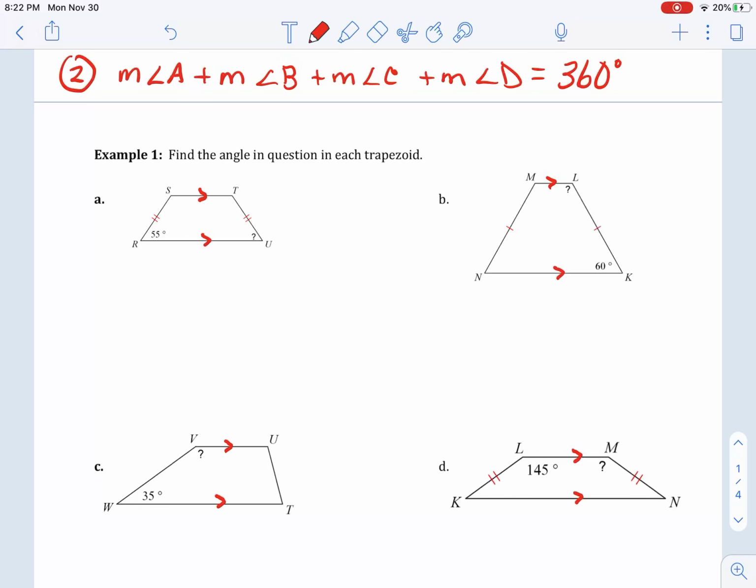So in example 1A, angle U and angle R, and I'm looking at those because U has a question mark and R has a 55 degrees on it. Those are running along one of the parallel sides, right? They're on the ends of one of the sides that has an arrow on it. And so these are our base angles. And so I should know that base angles are always congruent.